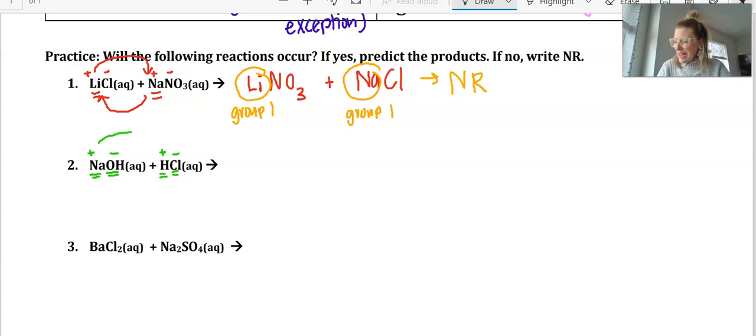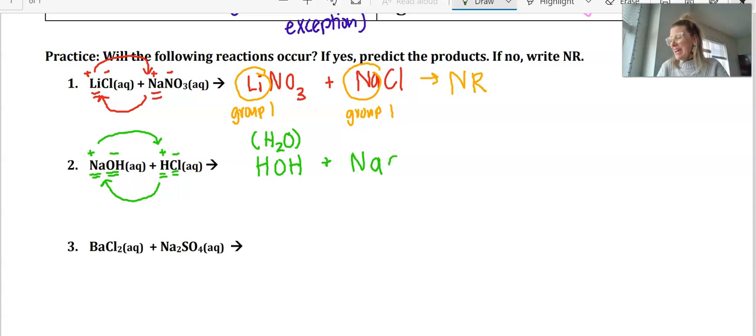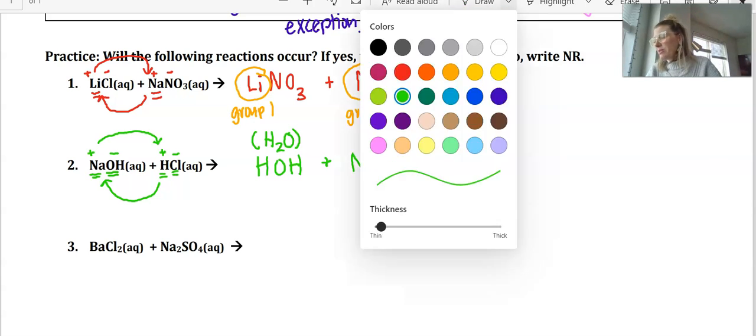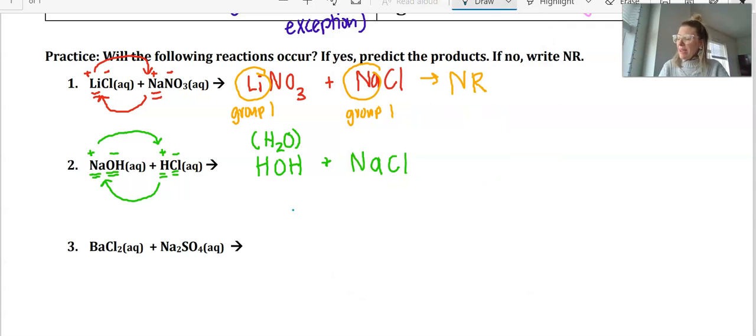Okay, that means Na is swapping spots with H, and we end up with HOH, or how do we rewrite that? That's H2O, and we end up with NaCl. Now, in terms of our solubility rules that we've been talking about, HOH, we didn't talk about that yet, but Na is group 1, so this is soluble.